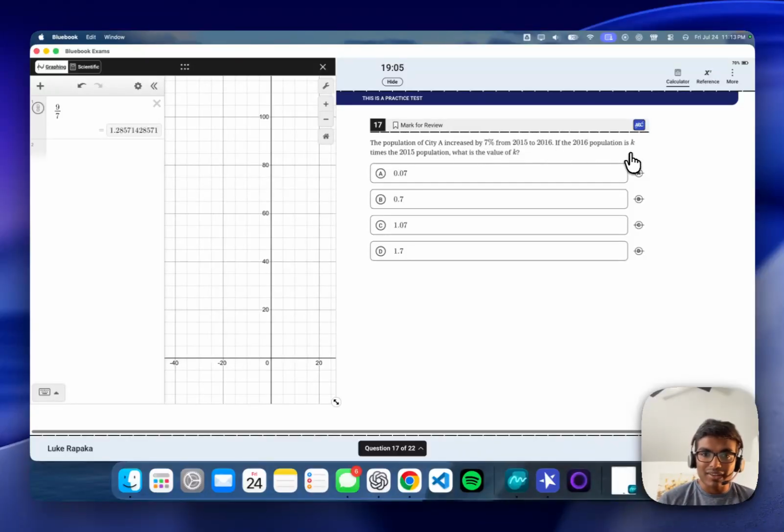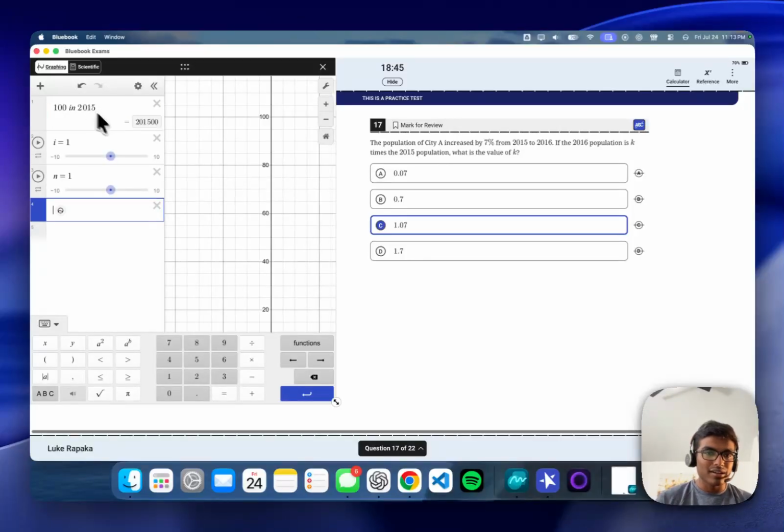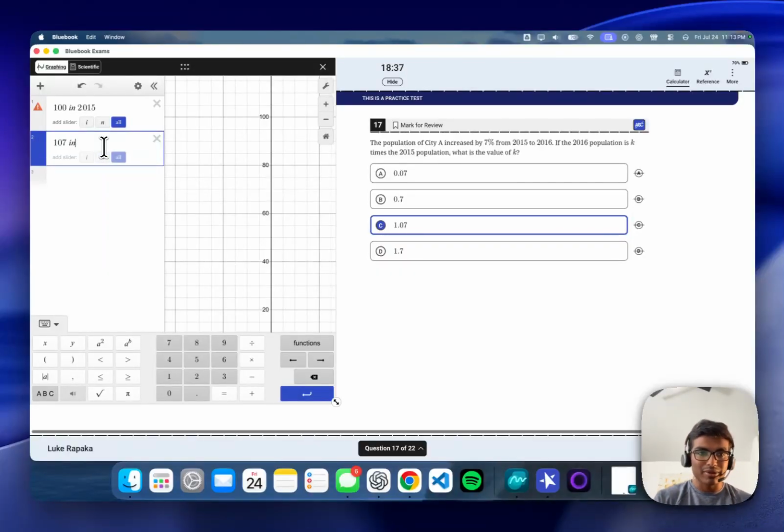The population of A increased by 7%. The 2016 population is K times the 2015 population. This one would be 1.07. Real quick, let's say we have 100 people in 2015, increased by 7%. 7% of 100 is 7, so that'd be 107 in 2016.